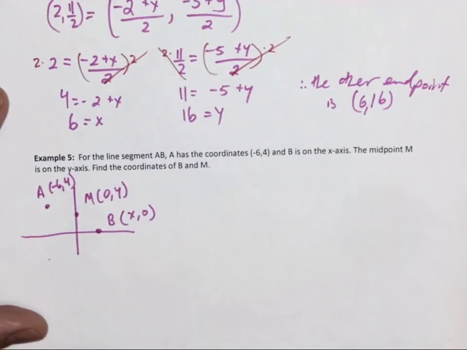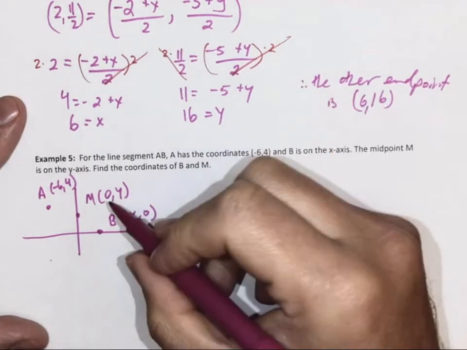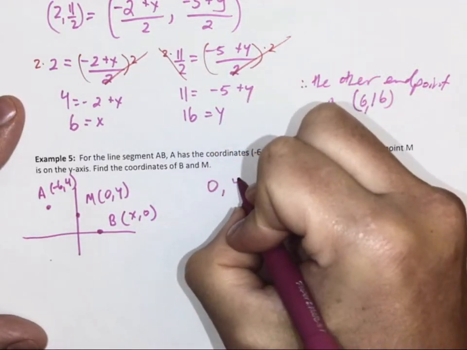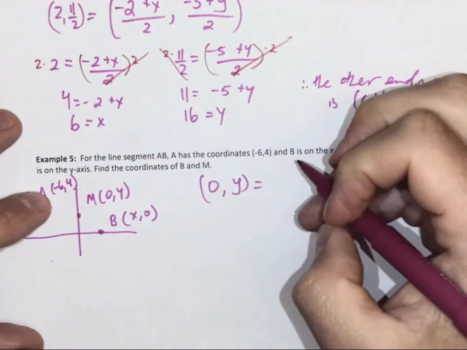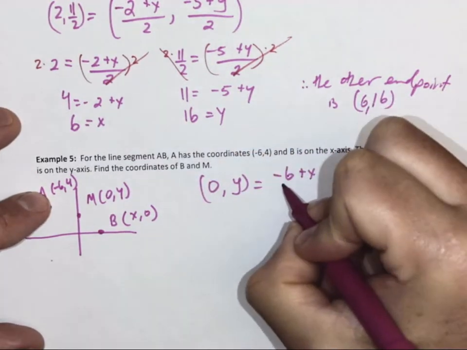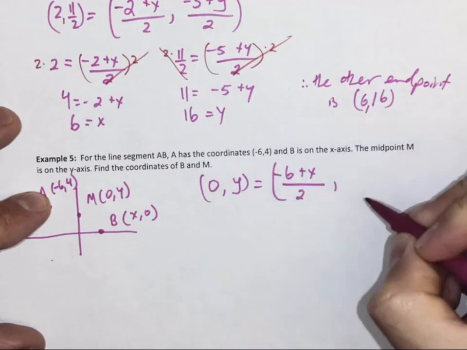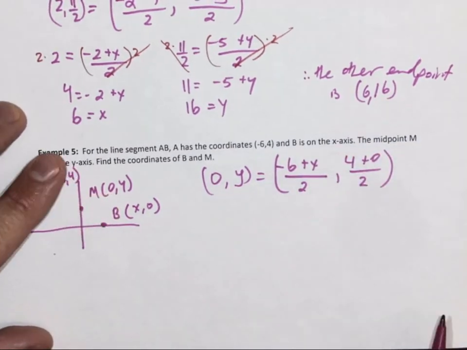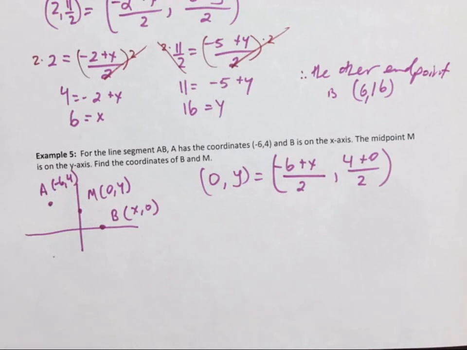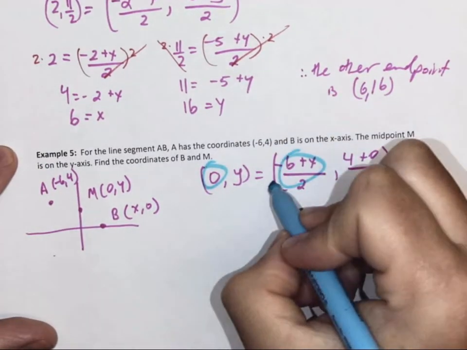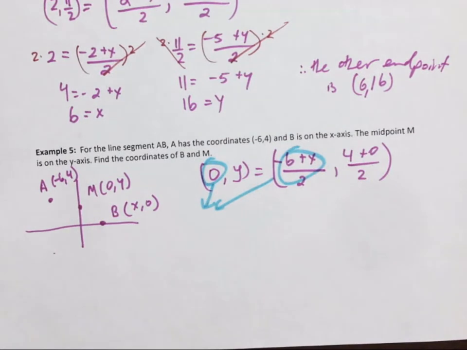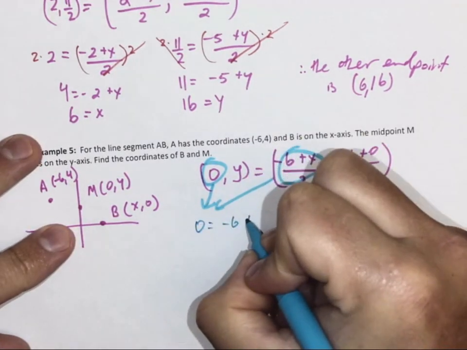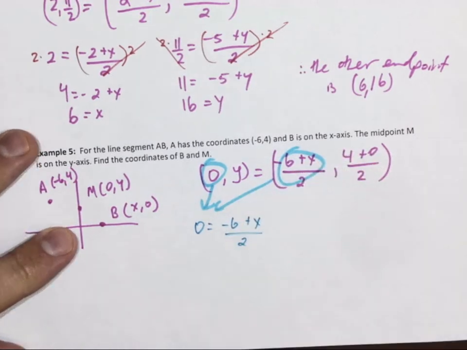So we do exactly what we've just done, and we set it up. So we have a midpoint, 0, y, and that's going to equal -6 plus x all over 2, comma 4 plus 0 all over 2. So once again, we match up our x and our x, and we solve. Times 2.